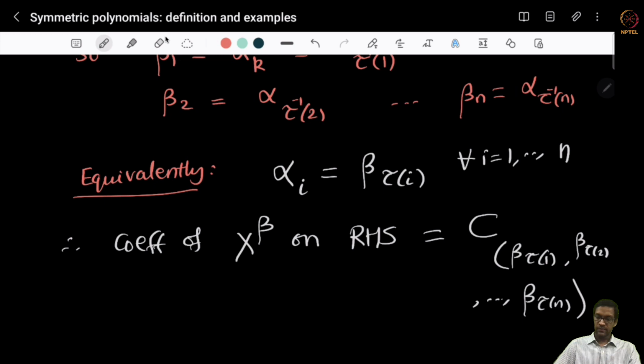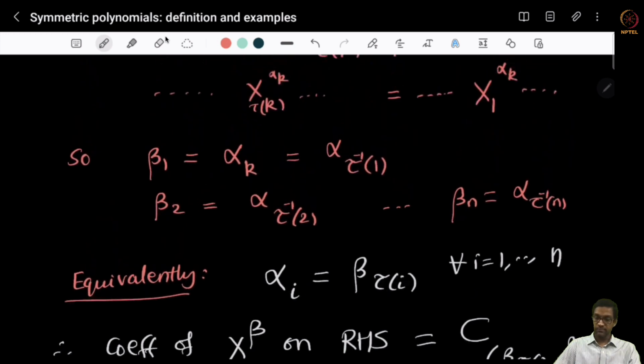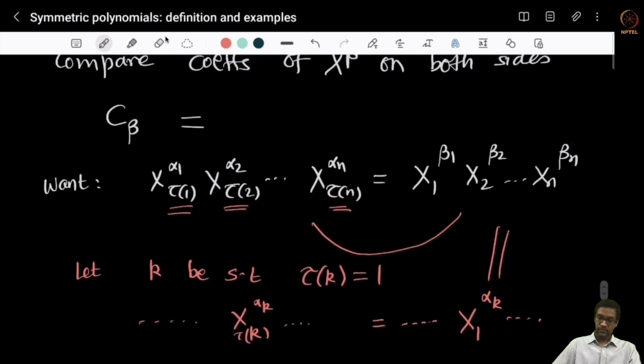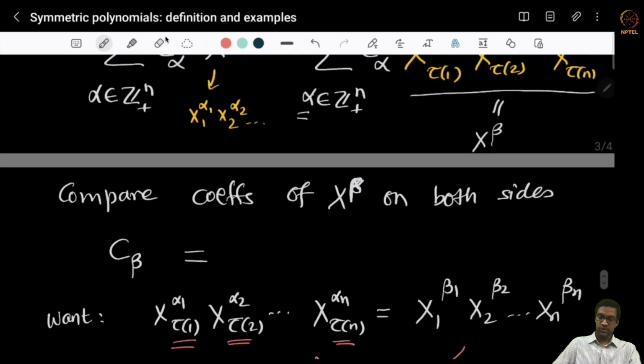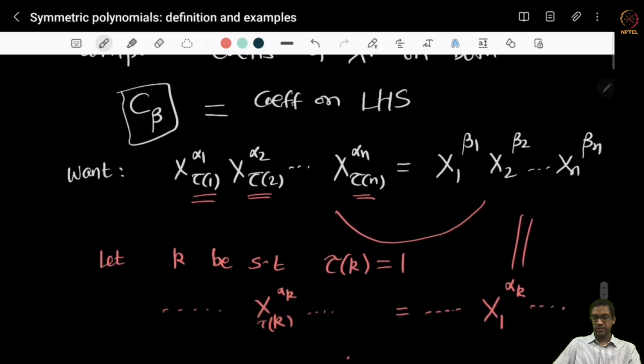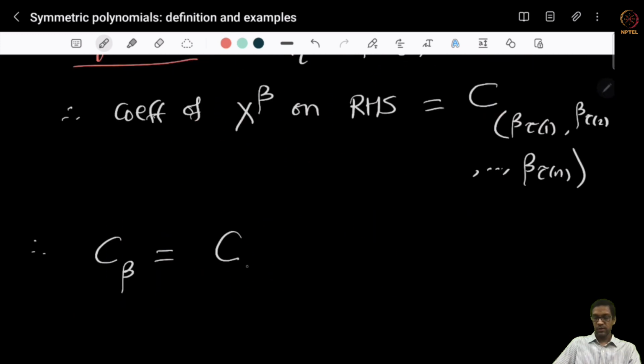Let's go back up. We already knew what the coefficient was on the left hand side, that was c beta. So I should have said the coefficient on the left hand side is this. Now the coefficients on left and right side are equal, therefore we conclude that the coefficient c beta must be the same as the coefficient c beta tau.